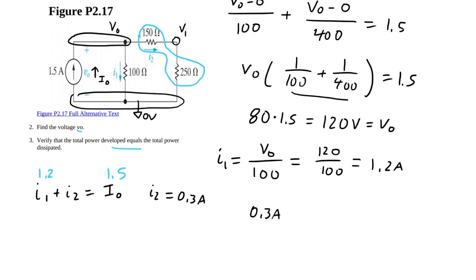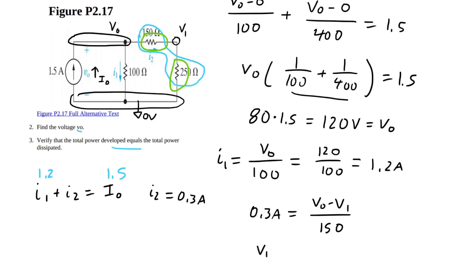We can either look at the voltage drop across this resistor or the voltage drop across this resistor. Either way will work, but I'll show both. So anyway, V out minus V1 over 150 equals 0.3. So we do 0.3 times 150, and then we add V1 to the other side.